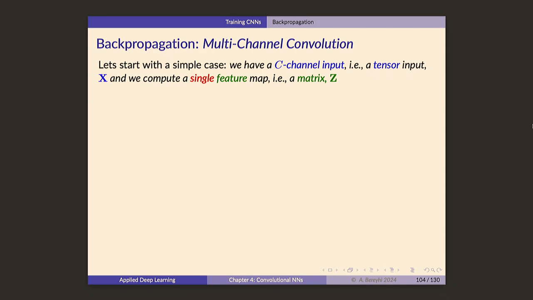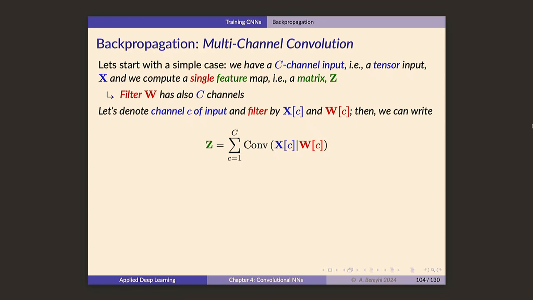So now filter W has the same number of channels as the input. And one thing that I want to do is write down that 3-dimensional, or tensor-wise, convolution in the form of a summation of those map-wise convolutions. Look at it and tell me whether you agree with me or not.